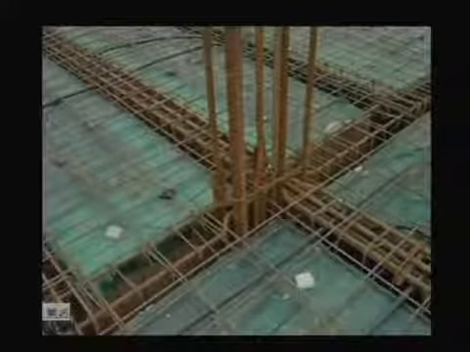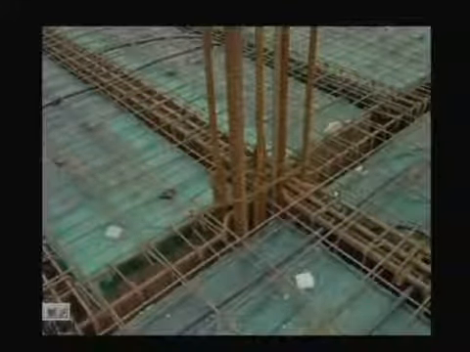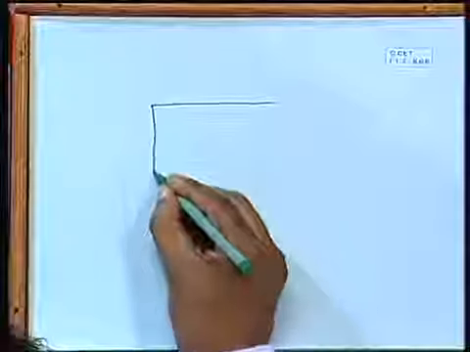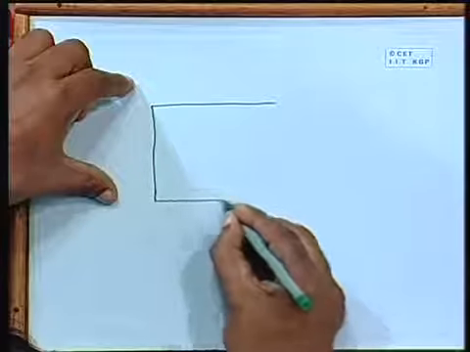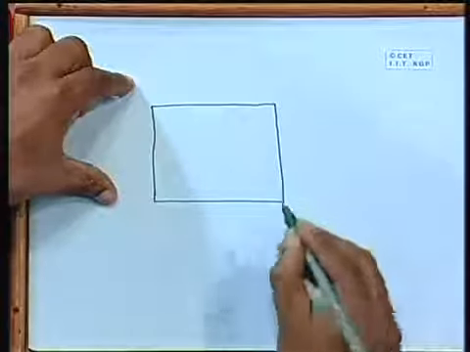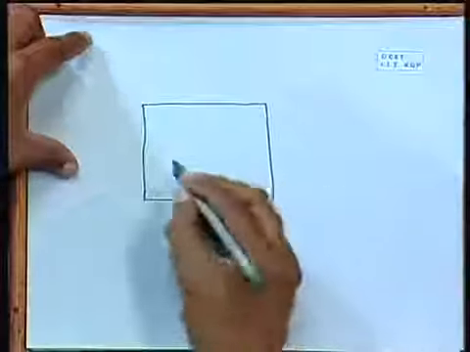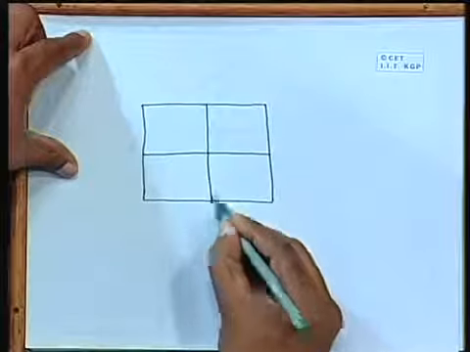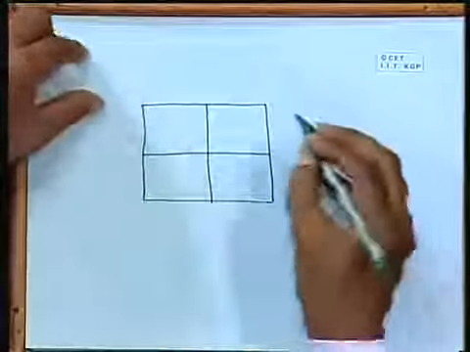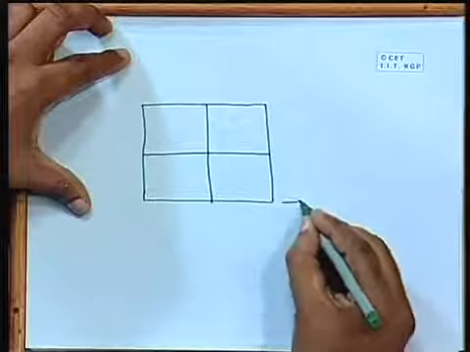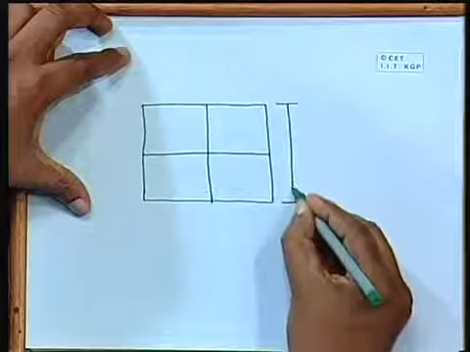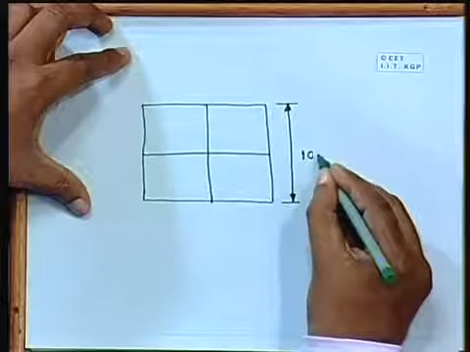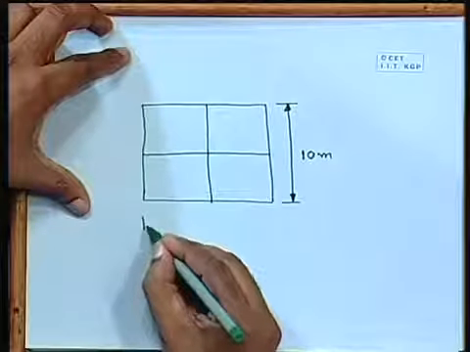If we consider that particular junction, let us say this is a plane, and we are considering 4 different parts. Let us give certain dimensions: this one say 10 meter, and this one also 10 meter.